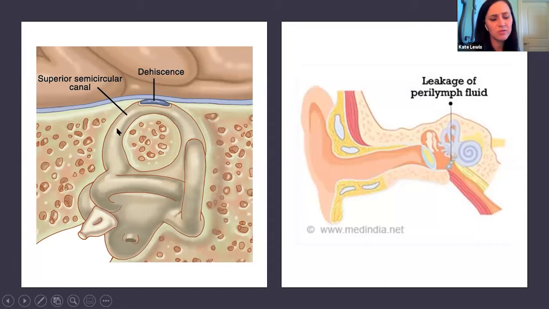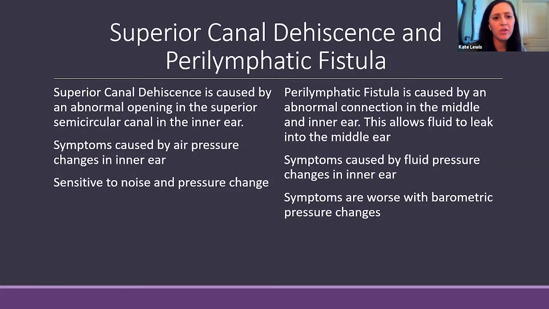This is a viewed-in version of those circular canals I was showing you. And so the opening causes pressure changes in the inner ear, and because the system is pressurized, when we change the pressure, then we get these symptoms of dizziness. Individuals with superior canal dehiscence are going to be very sensitive to noise and pressure changes.